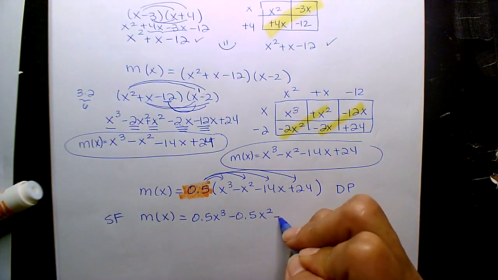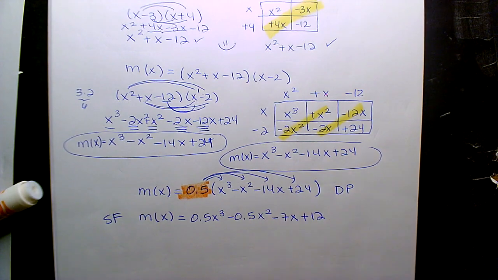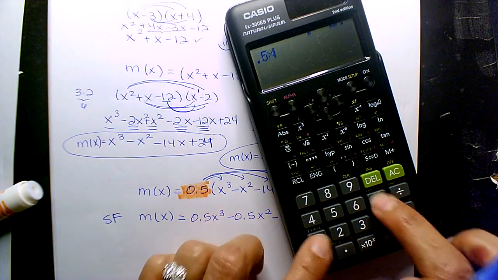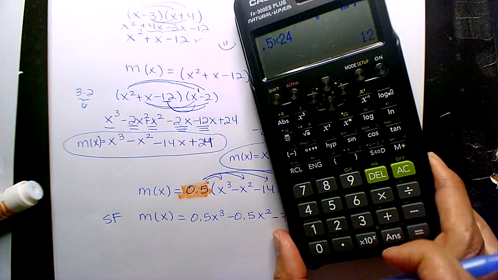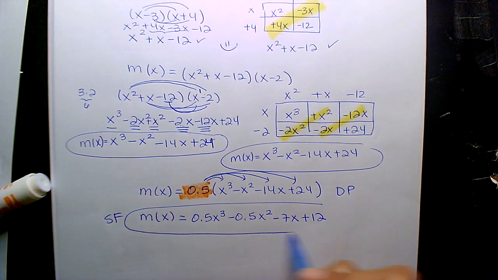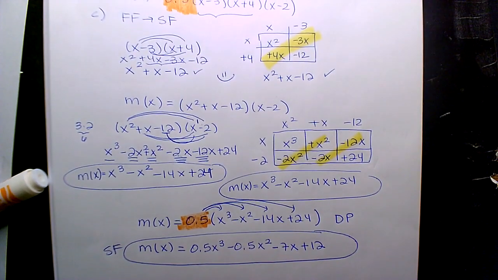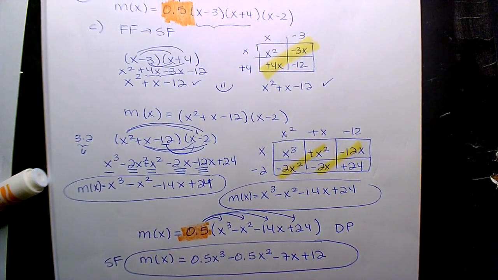Okay. So minus 7x, and then half of 24 is 12, but let's type it. 0.5 times 24 is the 12. And so now this is, with the A value, everything's expanded out.